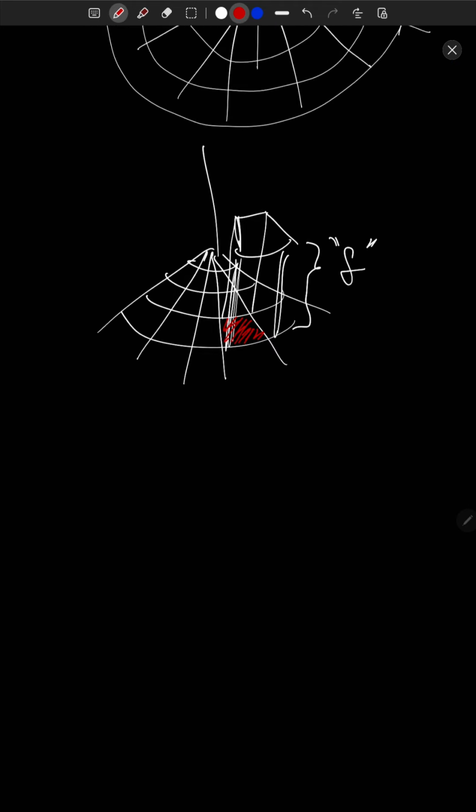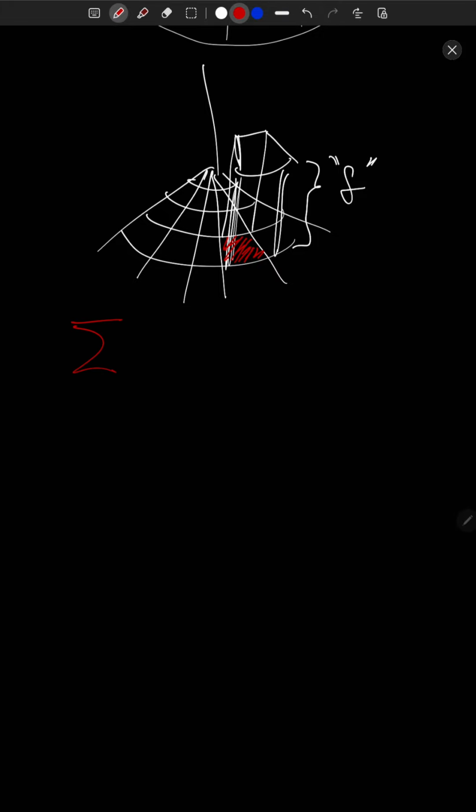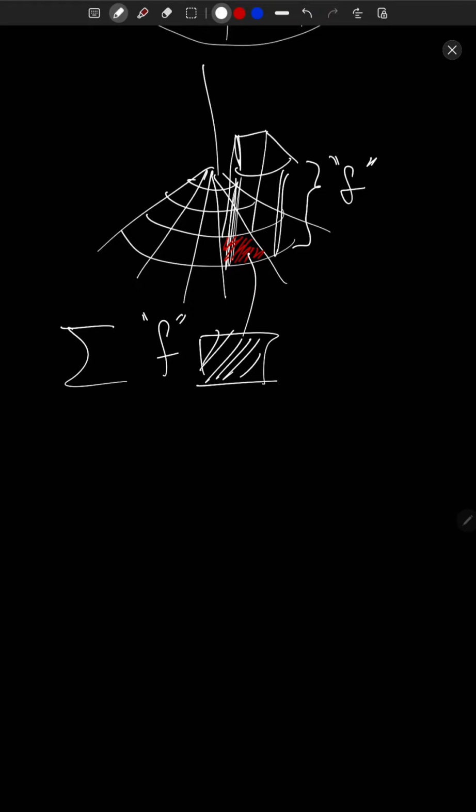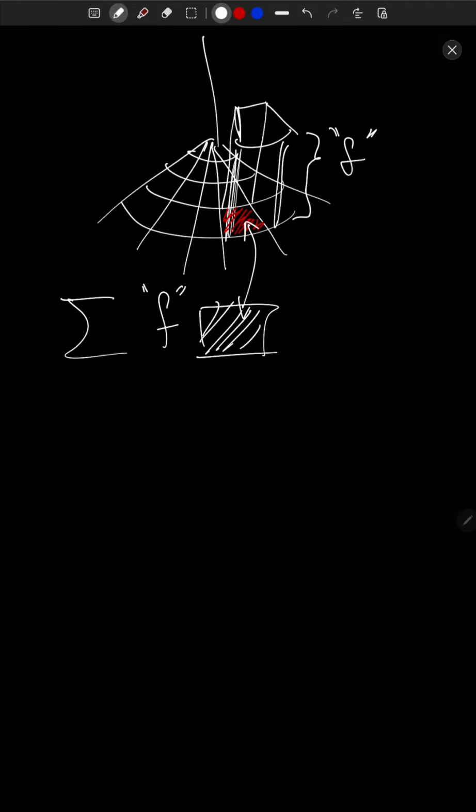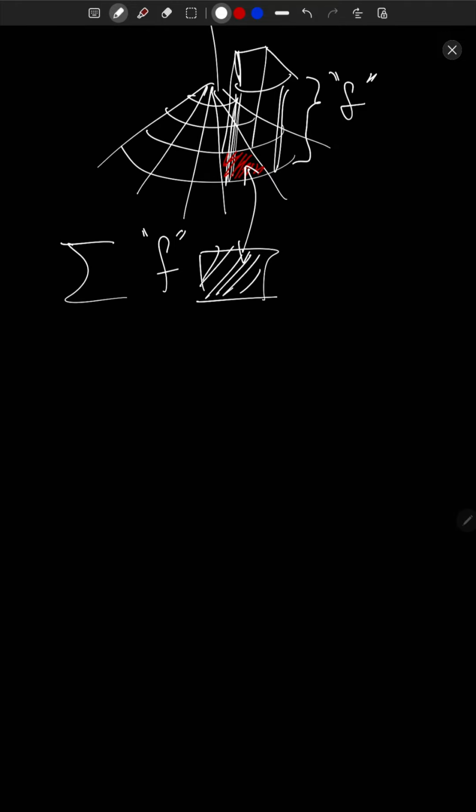So ultimately, we're going to have a sum, just like before, f, the value of my function, and then instead of delta y delta x, some quantity that represents the area of that red shaded region right there. And again, if you want the actual volume, you take these wedges to be smaller and smaller, and in the limit, you approach the actual volume underneath the graph of your function.